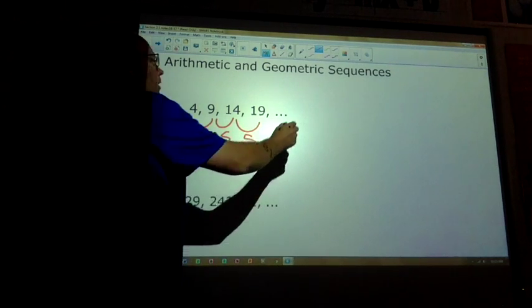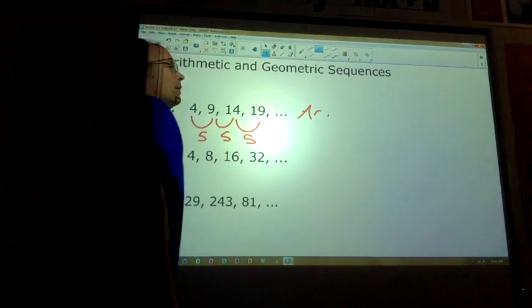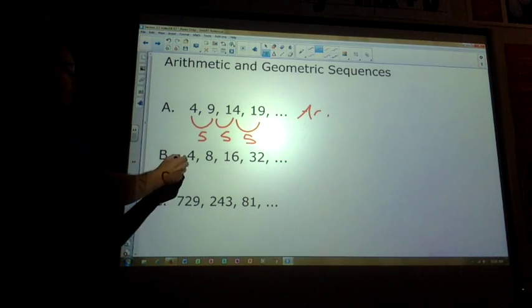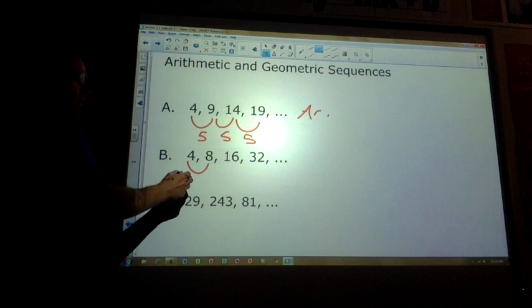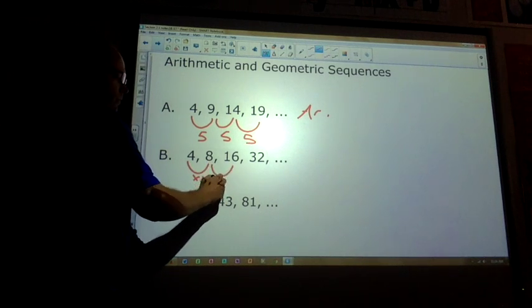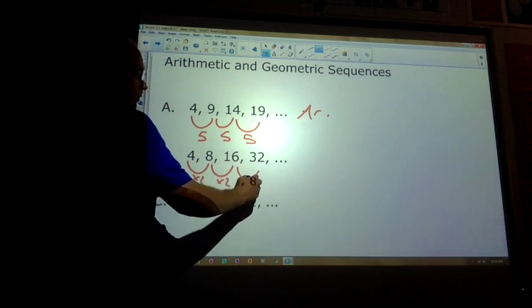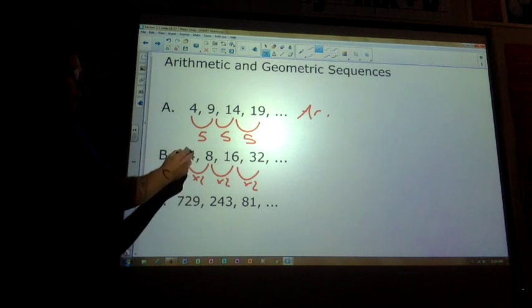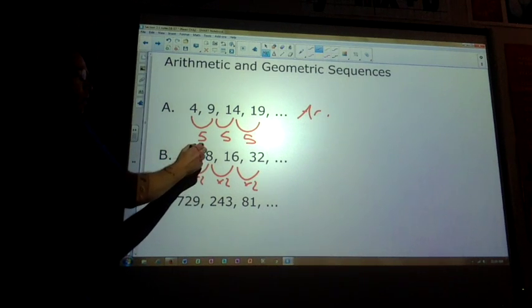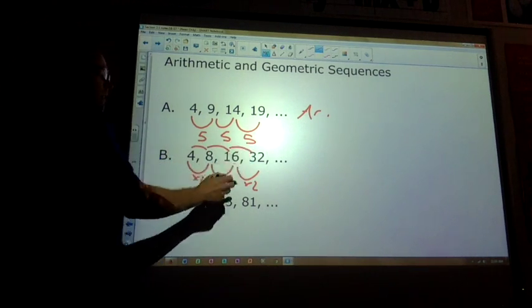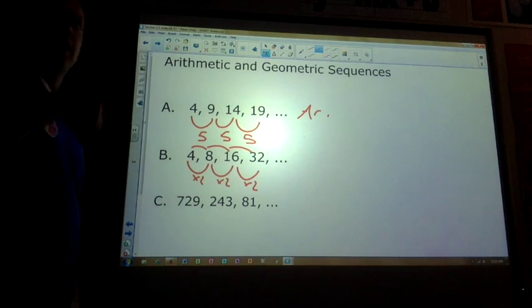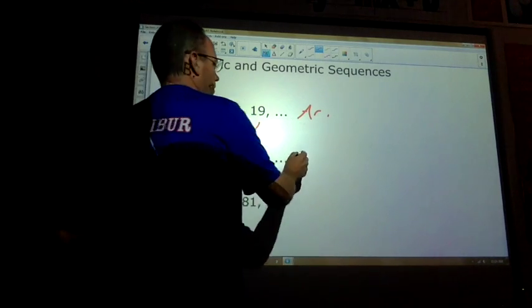That's arithmetic. Good? What about here? Times 2. Okay? Some of you might look at this and go, well, that goes up by 4. That goes by 8. That goes up by 16. So it's growing at a different rate. So this is geometric.